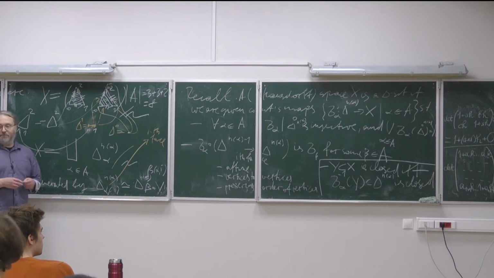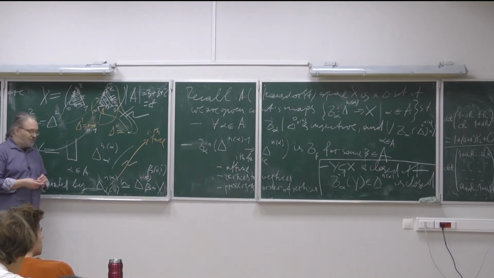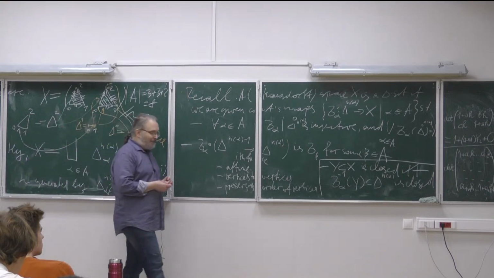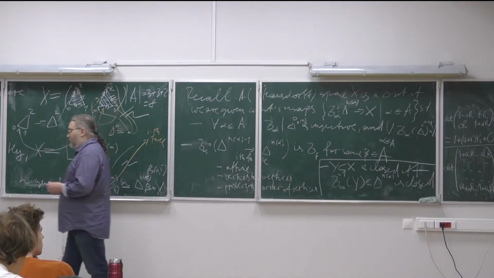If we have such a set whose image under all these maps is closed, then it consists of finitely many closed parts. Well, yes.